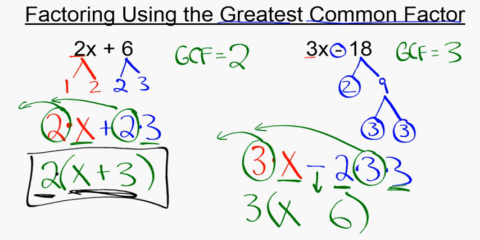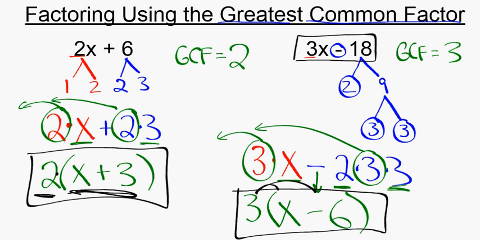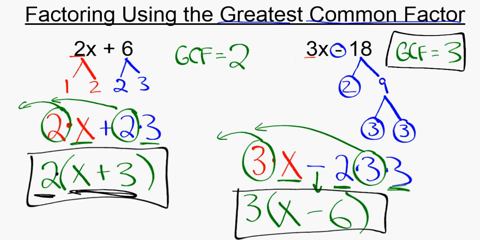And then it is a negative. So if I were to distribute 3 back in, 3 times x and 3 times negative 6 would give me 3x minus 18. So if this example is complete, we have our GCF equals 3, and we have our product, which is 3 and x minus 6.